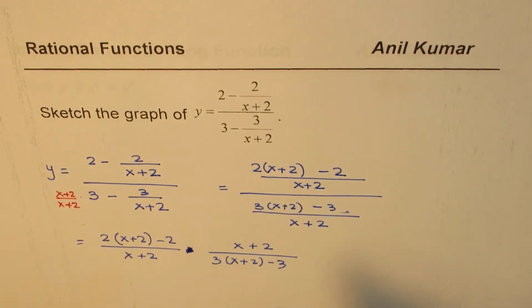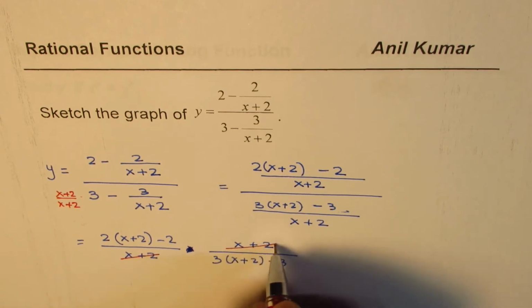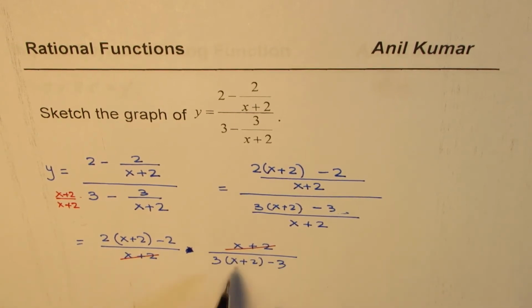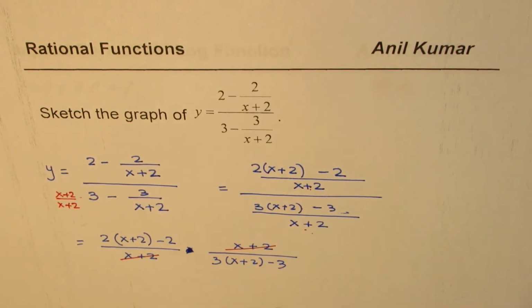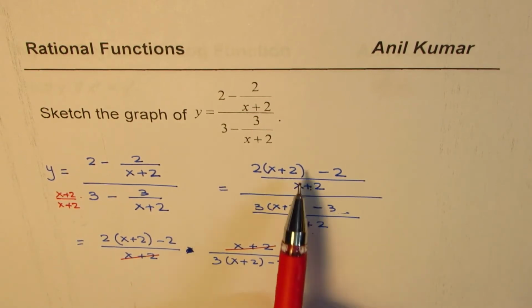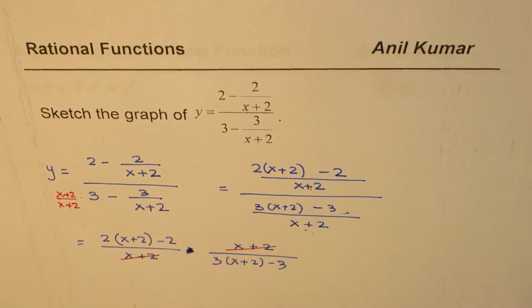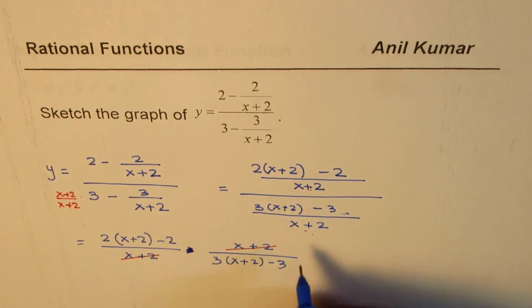So clearly you can see that you can cancel this common factor. This step was not really required. You could have cancelled from here also, right? But I hope this helps some students who really get confused with multi-layer fractions. So the idea here is to understand how to work with these, right? Okay.